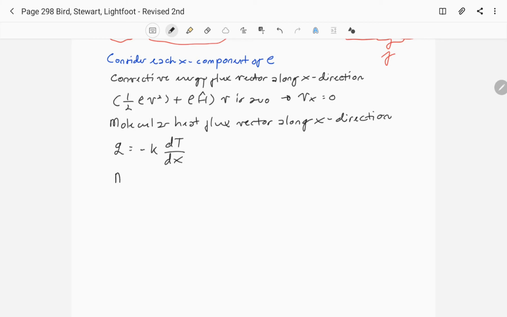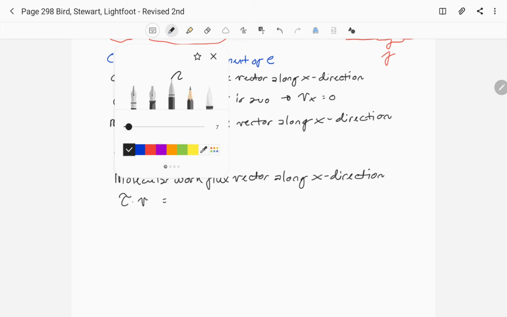Okay, and then the third one will be the molecular work flux vector along x direction. So this refers to the second component in there, and then can be split again into their respective components.